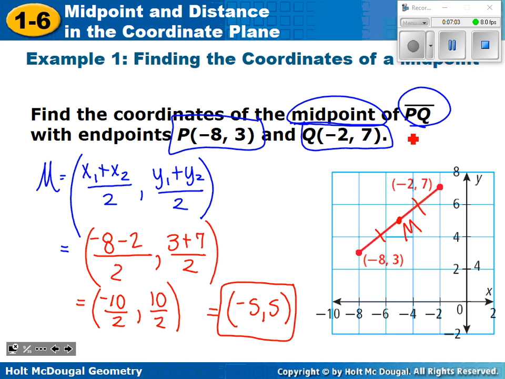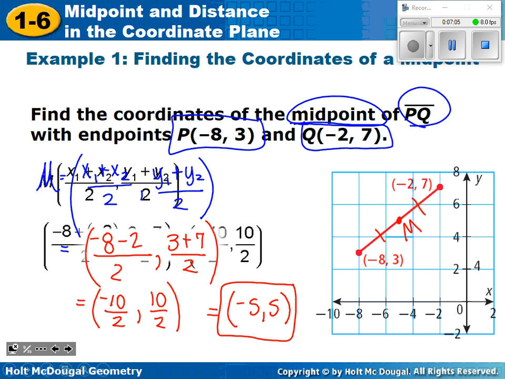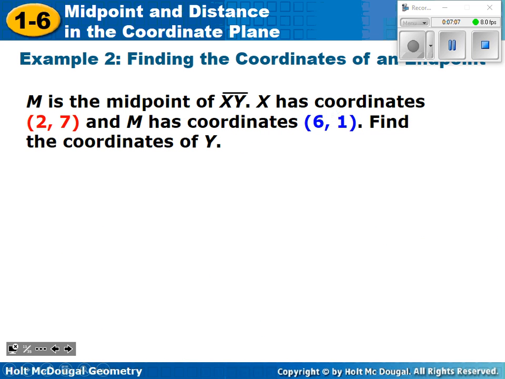Okay, now we look at a different question. Look at the next example. Tell me what is different when you read this. Okay, what do you see? What's different? Okay, it gives you the midpoint.